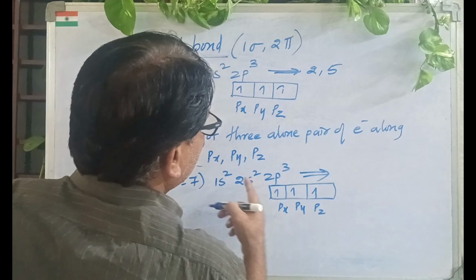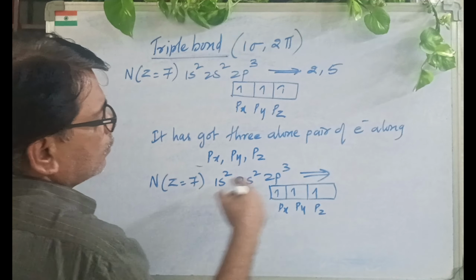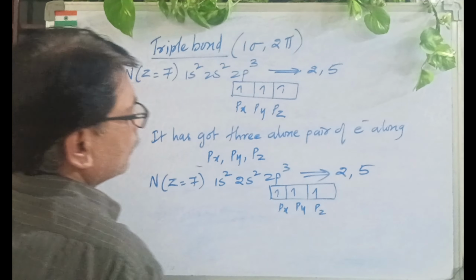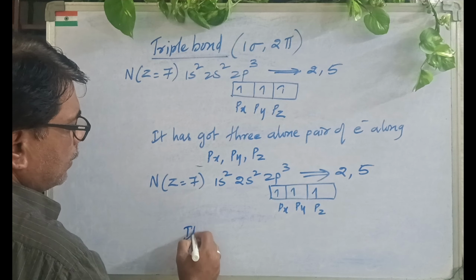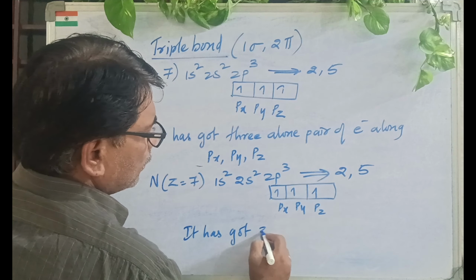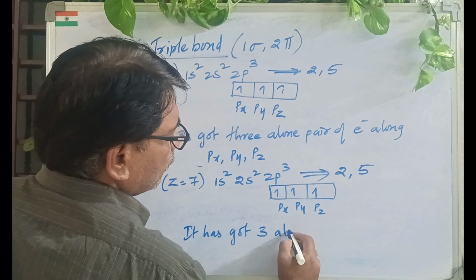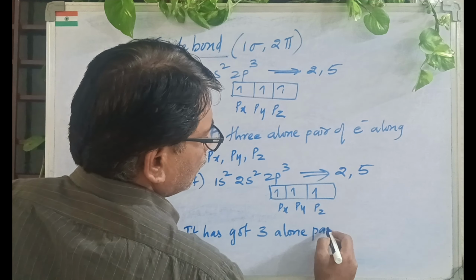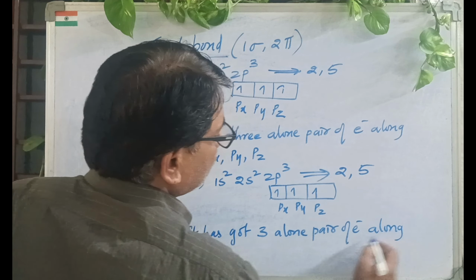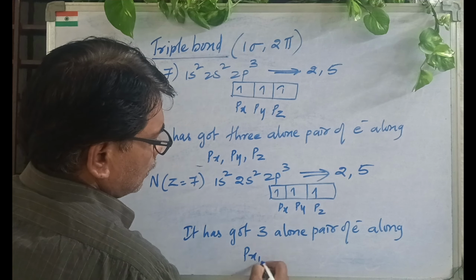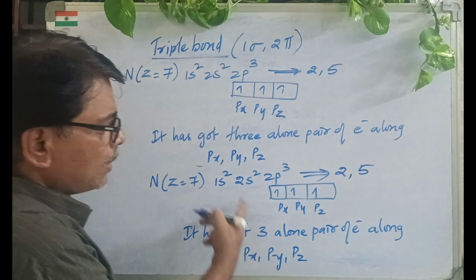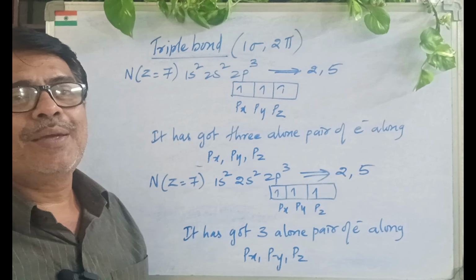The other way, if you count, 1 is to the K shell, so it is 2, and these two should be added, 2 comma 5. Okay, and next, tell me, it has got the same 3 lone pair of electrons along the same px, py and pz, as it is because the example is the same.